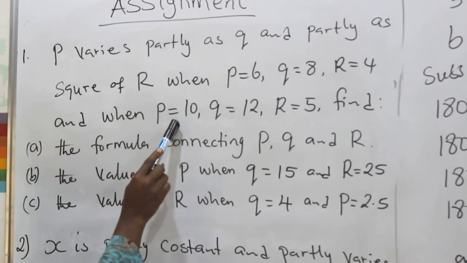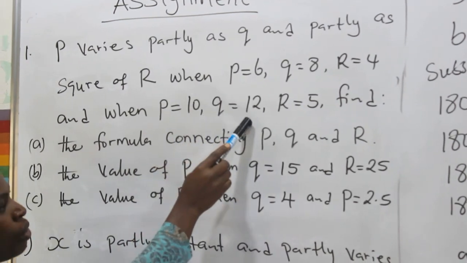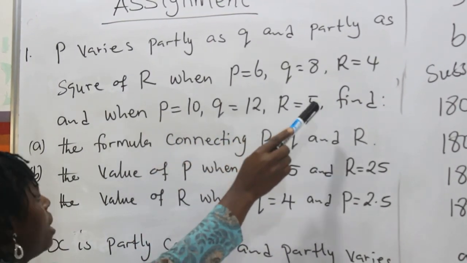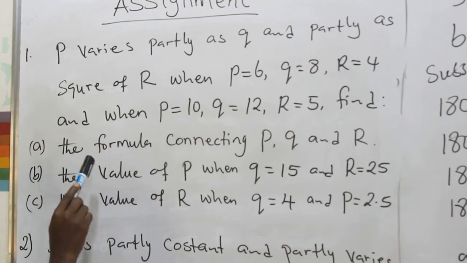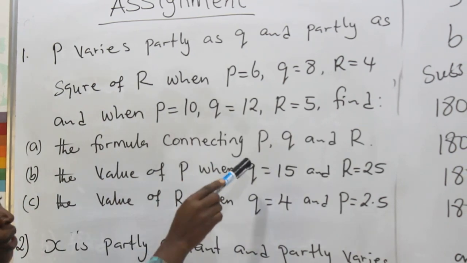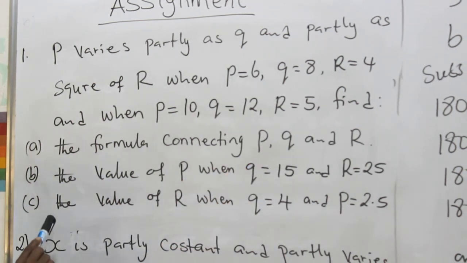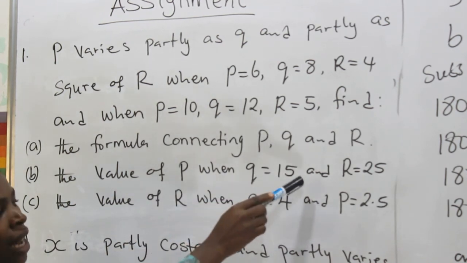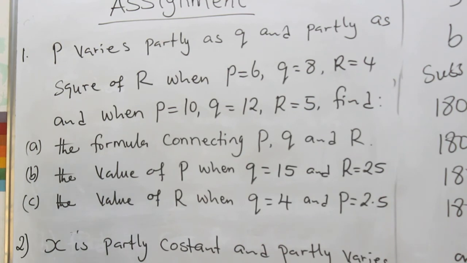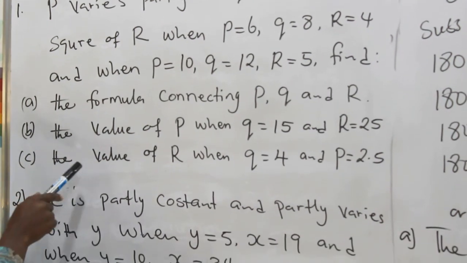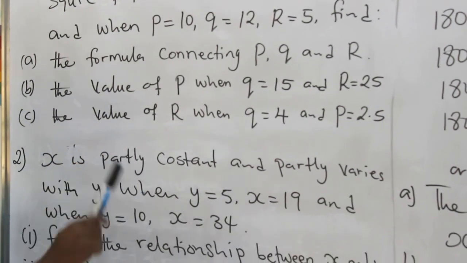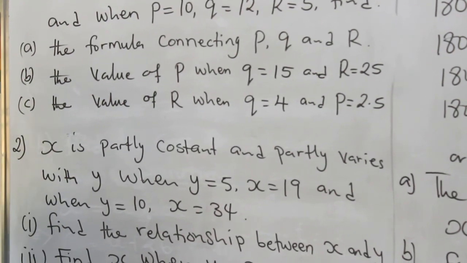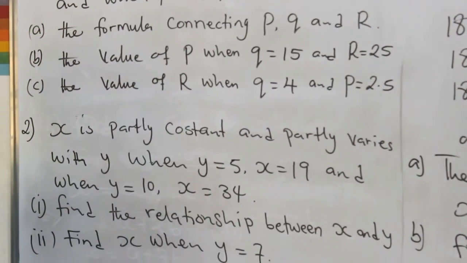And when P equals 10, Q equals 12, R equals 5. Find A, the formula connecting P, Q, and R. B, the value of P when Q equals 15 and R equals 25. C, the value of R when Q equals 4 and P equals 2.5.